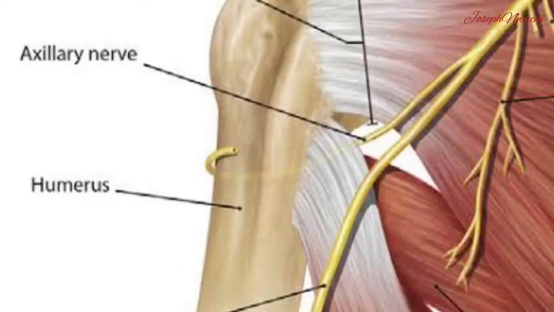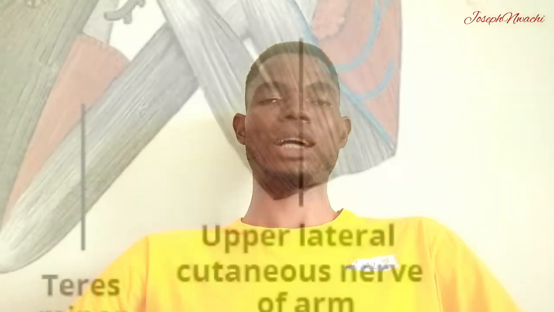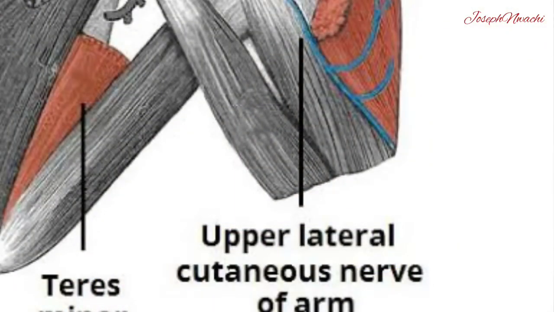It also continues as the upper lateral cutaneous nerve of the arm. This nerve innervates the skin in the lower part of the deltoid region, which is known as the regimental badge area.